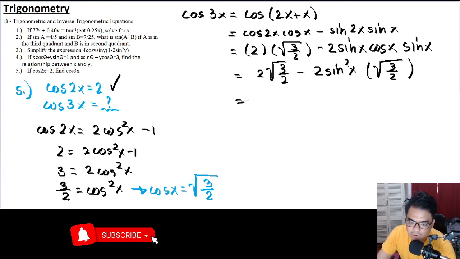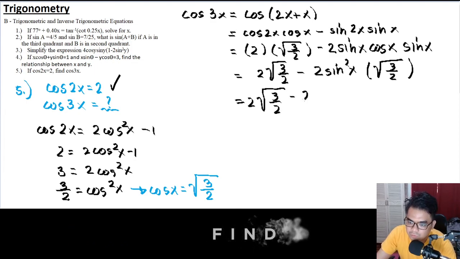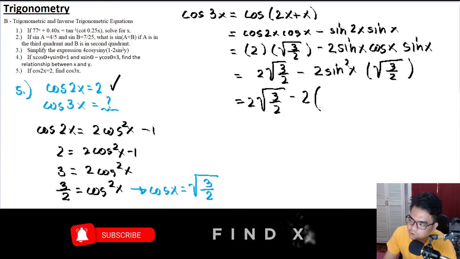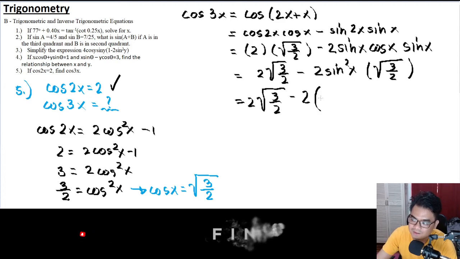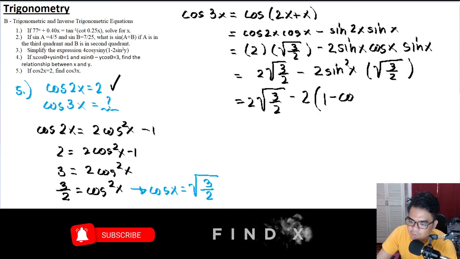So using now the Pythagorean identity, sine squared x plus cosine squared x is equal to 1. Therefore, you can manipulate that: sine squared x is 1 minus cosine squared x.